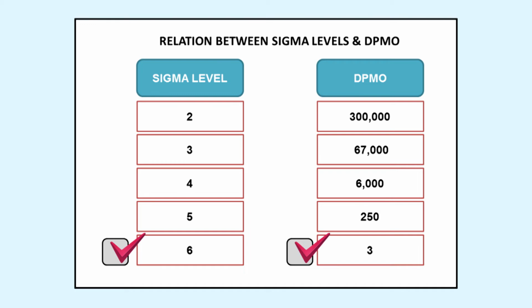Sigma level 4 indicates 6,000 defects per million opportunities. Sigma level 5 indicates 250 defects per million opportunities. Sigma level 6 indicates 3 defects per million opportunities. The higher the sigma level, the better.